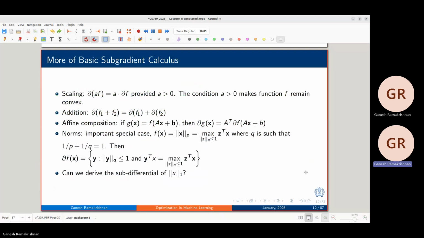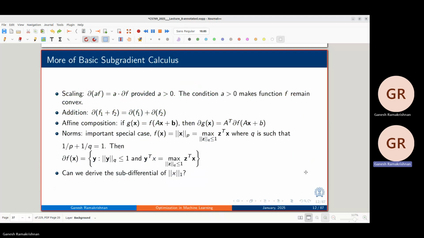f of g of x. When is f of g of x convex? Yeah, if f is increasing and g is convex, or if g is concave, f should be convex, of course, in both cases. g is concave and f is non-increasing and convex, or g is convex and non-decreasing and f is convex.